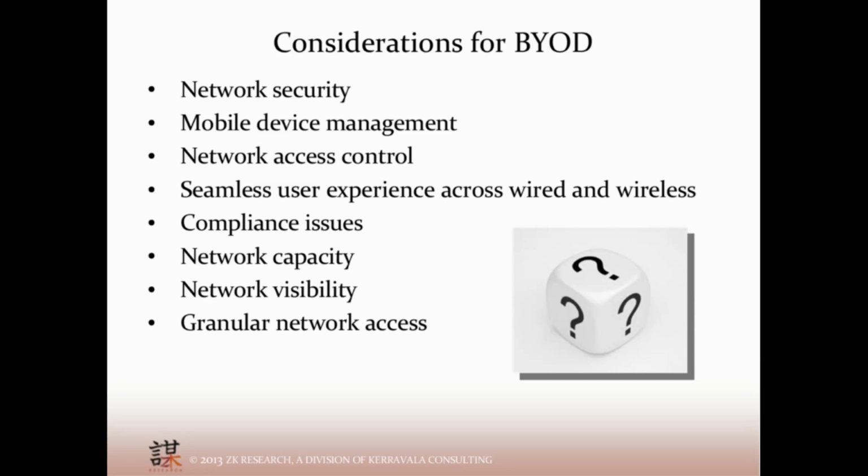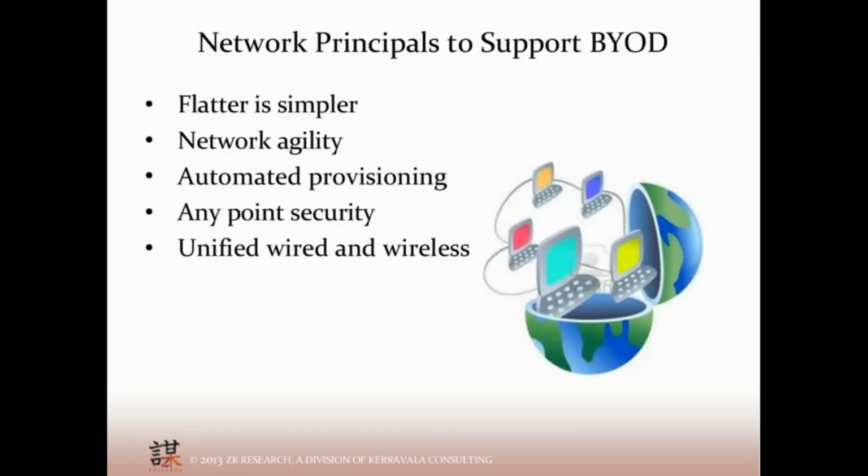You have to worry about compliance issues, network capacity and visibility, and then granularity of network access to be able to enforce policy based on who users are and where they are.